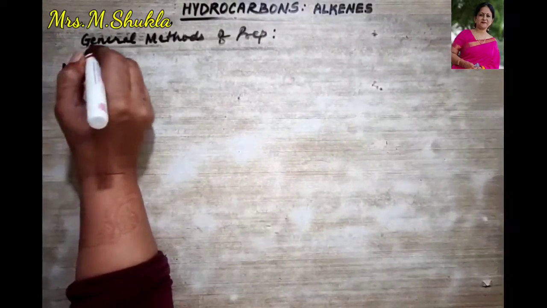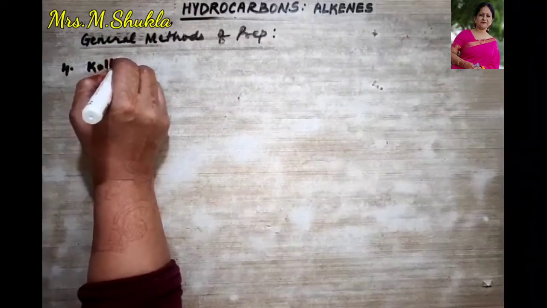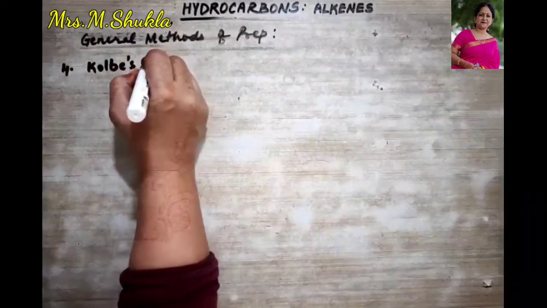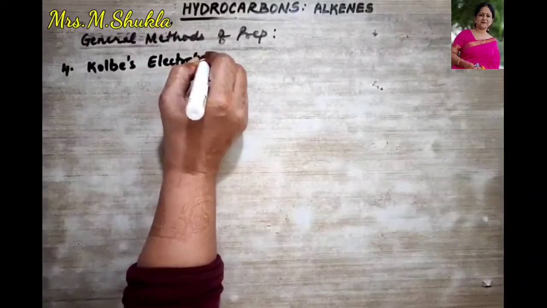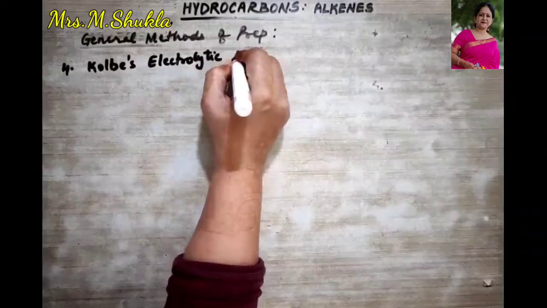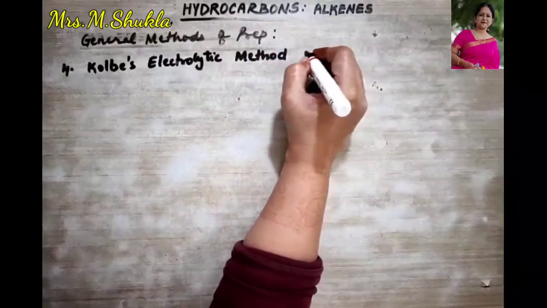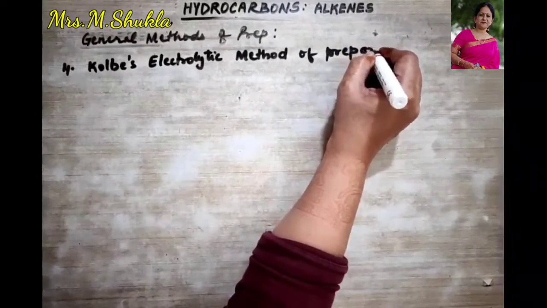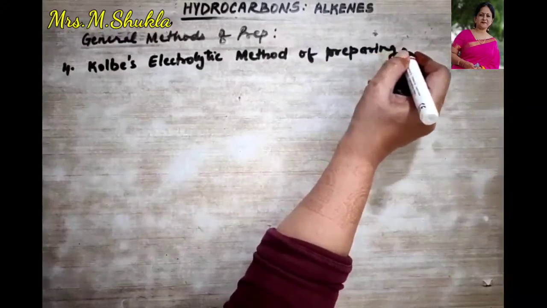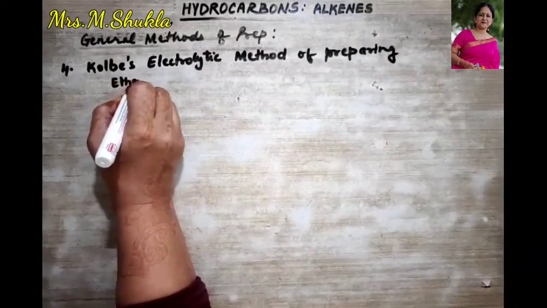Let's do the fourth one, that is Kolbe's electrolytic method of preparing ethene.